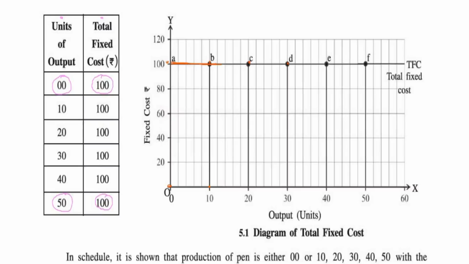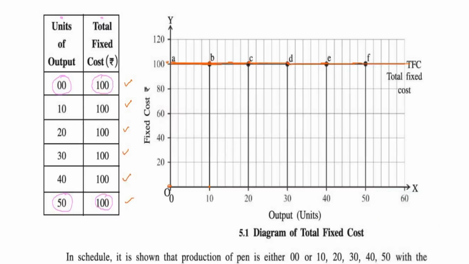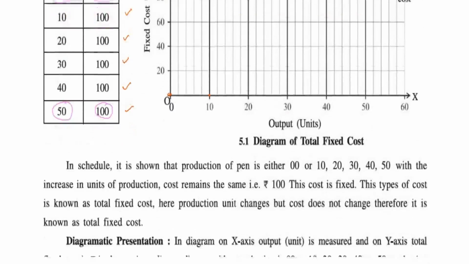So the total fixed cost curve will be this. It's a line parallel to the x axis, and this total fixed cost is every time 100 only. Every month the total fixed cost is 100 only, right? So this total fixed cost is a line parallel to the x axis.